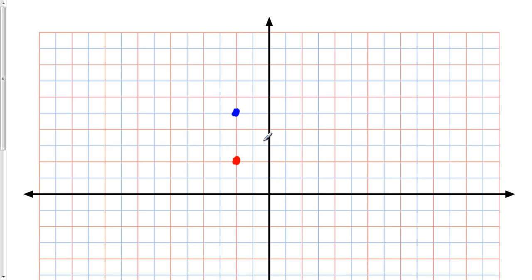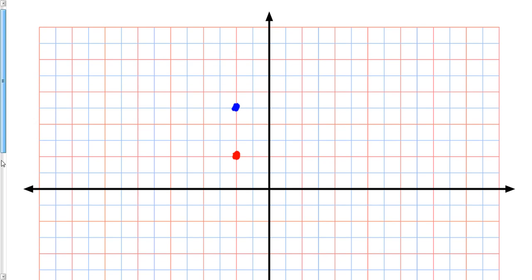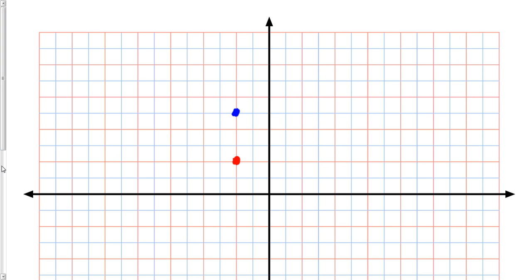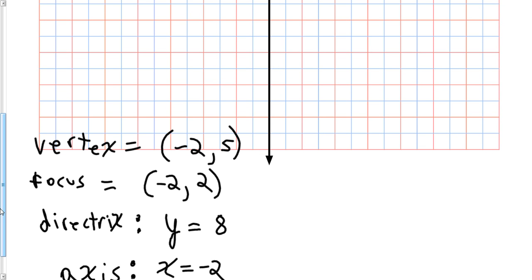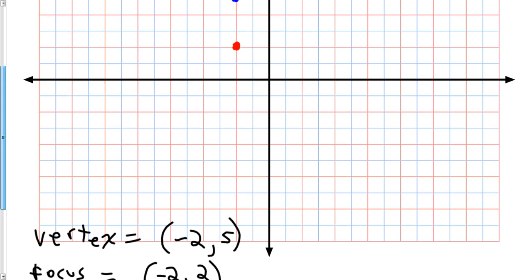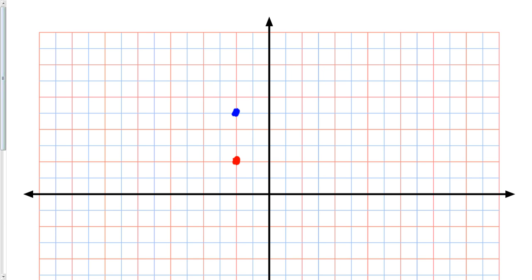And the directrix is the line y equals 8. That's this line up here, which is not actually part of the parabola either. So we have 2, 4, 6, 8. This is the directrix, the line y equals 8, this horizontal line right here.